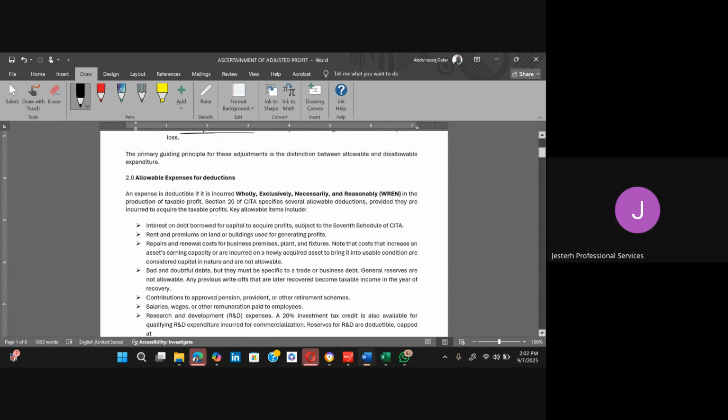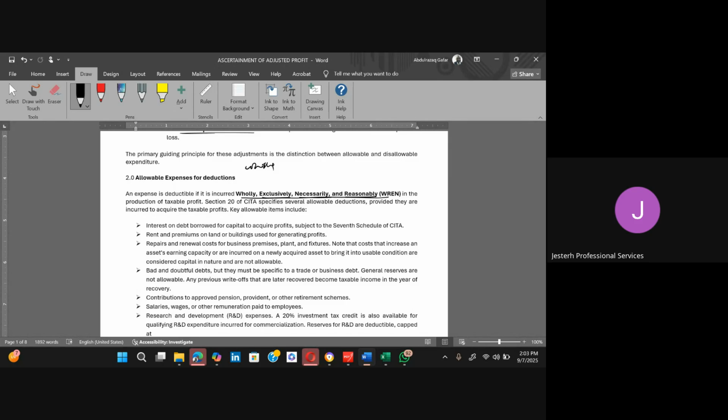So for allowable expenses, an expense is deductible if it satisfies these four: it must be wholly, reasonably, exclusively and necessarily incurred for the business. If an expense does not satisfy all these four conditions, such expense will be disallowed. It will not be allowed for tax purposes.